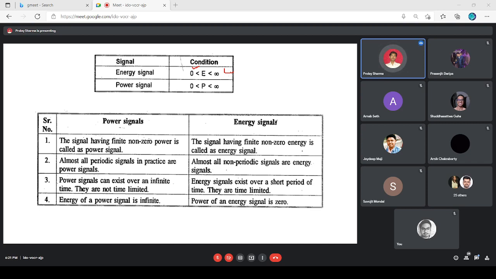Obviously, if the signal is of infinite duration, its energy content will be infinite, but power is basically the average of energy, so we can get the average value of power. And the power of an energy signal is zero. Obviously, there is no time period for this signal, so calculating its average power is not possible because there is no time period of that signal.